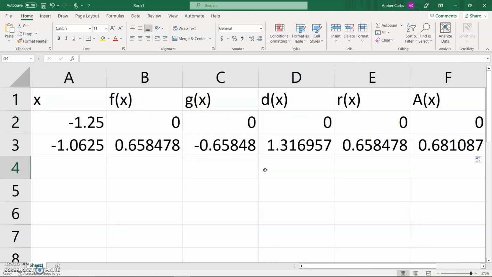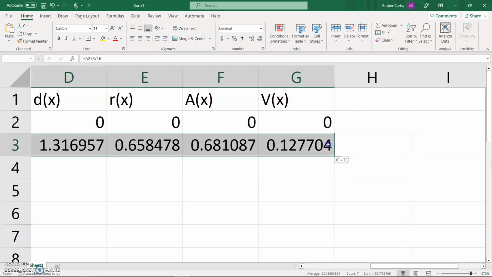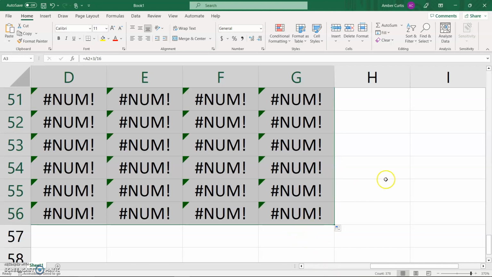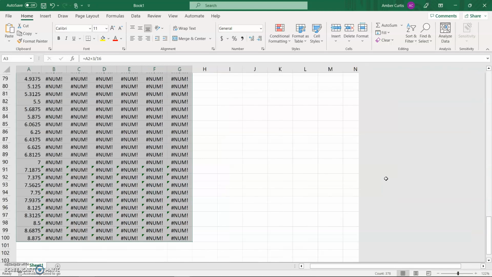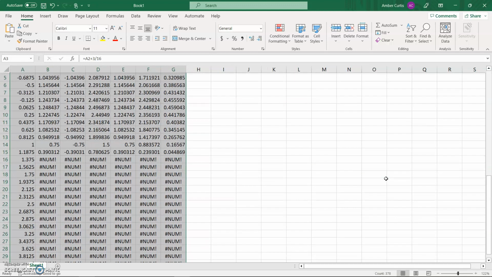Now what this does is it gives me the function values, it gives me the diameter, and it gives me the radius and area of this next cross section. Now I'm going to take this entire row, I'm going to highlight it, and then in the bottom right corner, I'm going to see a plus. And I'm going to drag that plus down, and it's going to fill in the formulas.